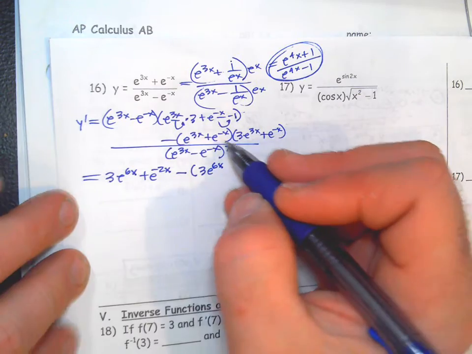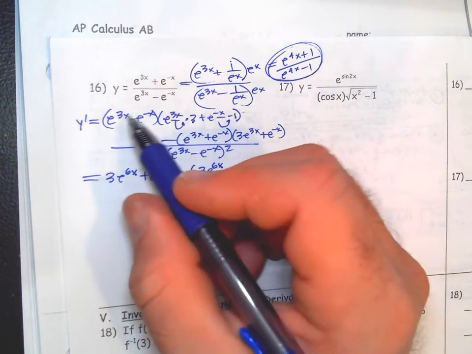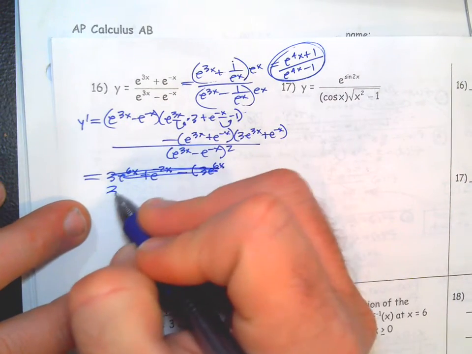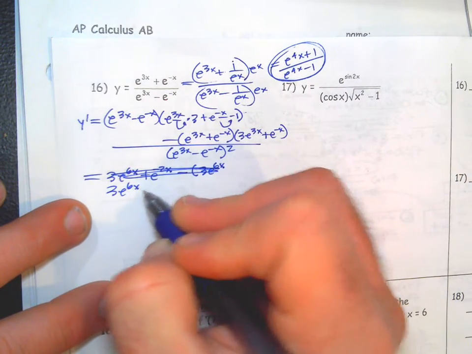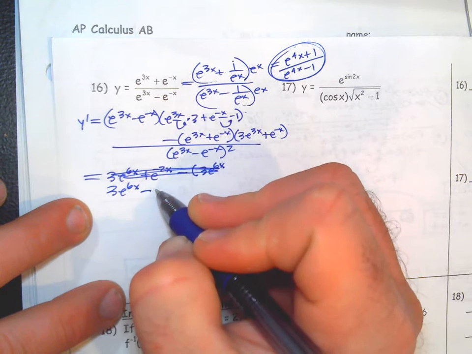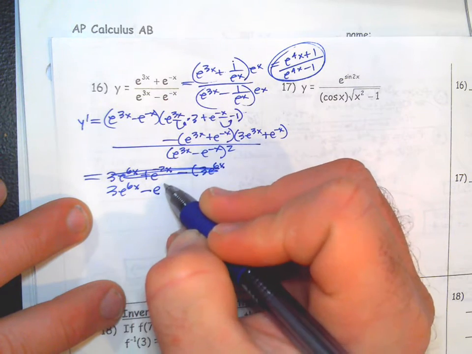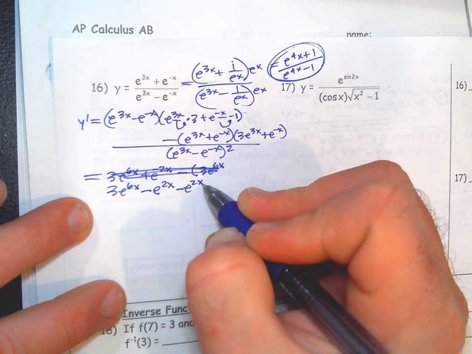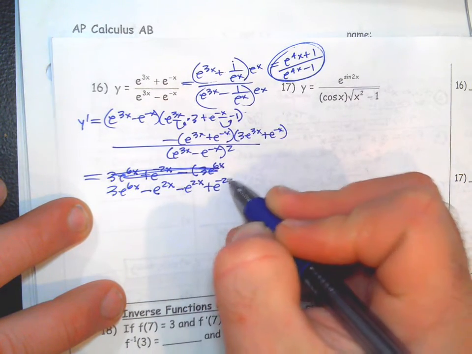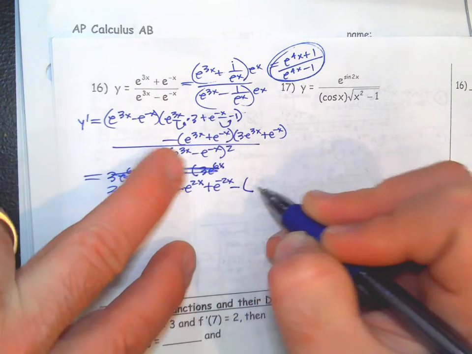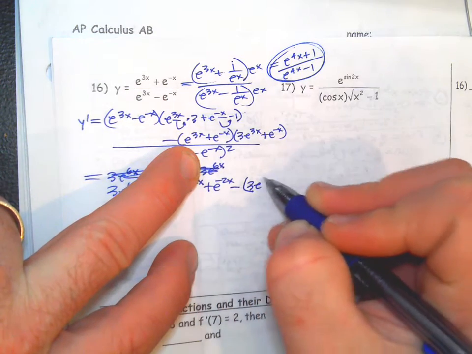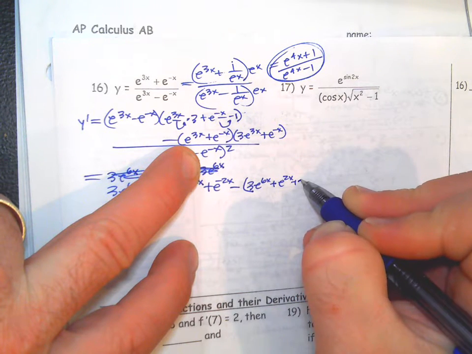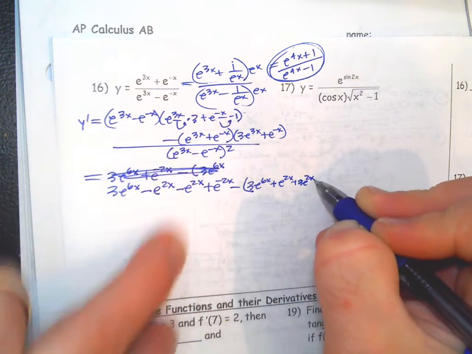I don't even think I finished that up. 3e to the 6x minus e to the 2x minus e to the 2x plus e to the negative 2x minus 3e to the 6x plus e to the 2x plus 3e to the 2x.